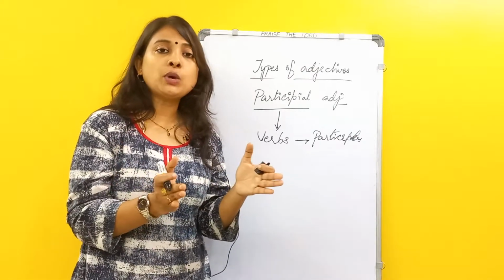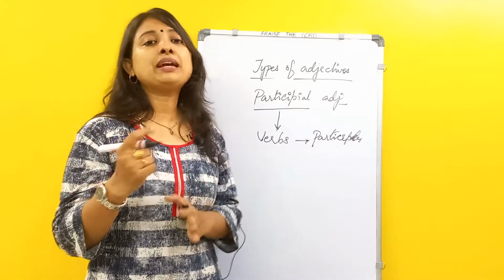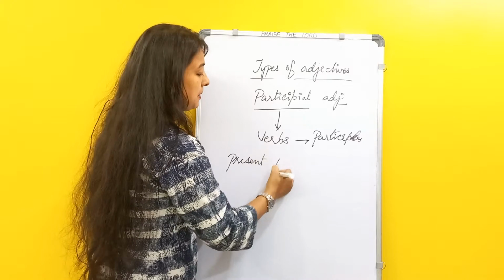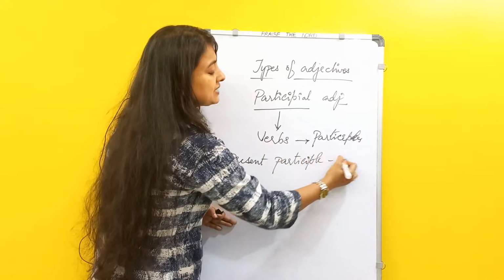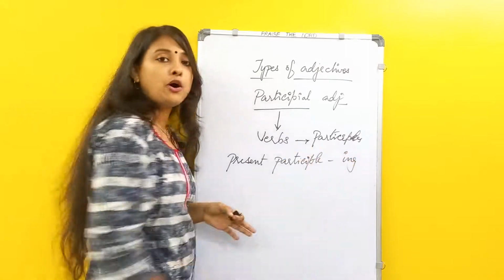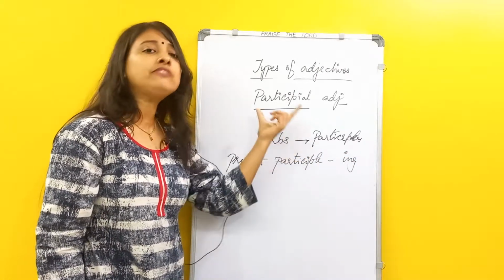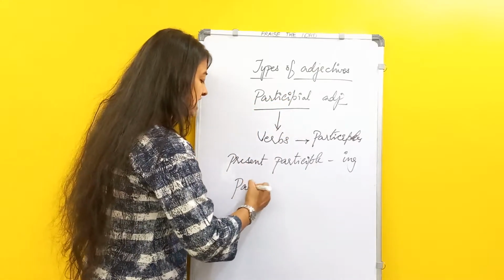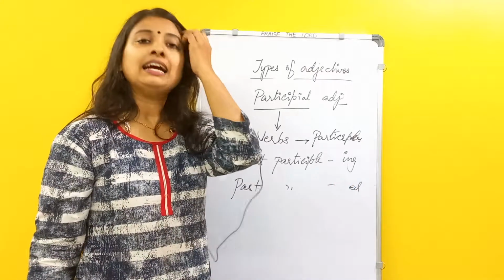If I add ing to this verb form, teaching, that becomes a present participle. Present participle is formed by adding ing to the verb. Similarly, past participles are formed by adding ed at the end.